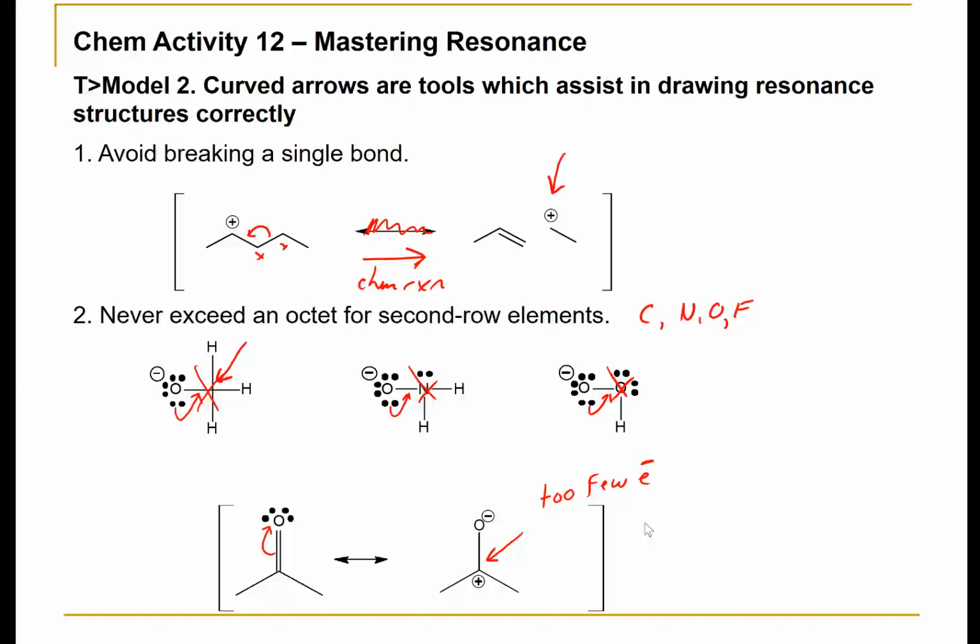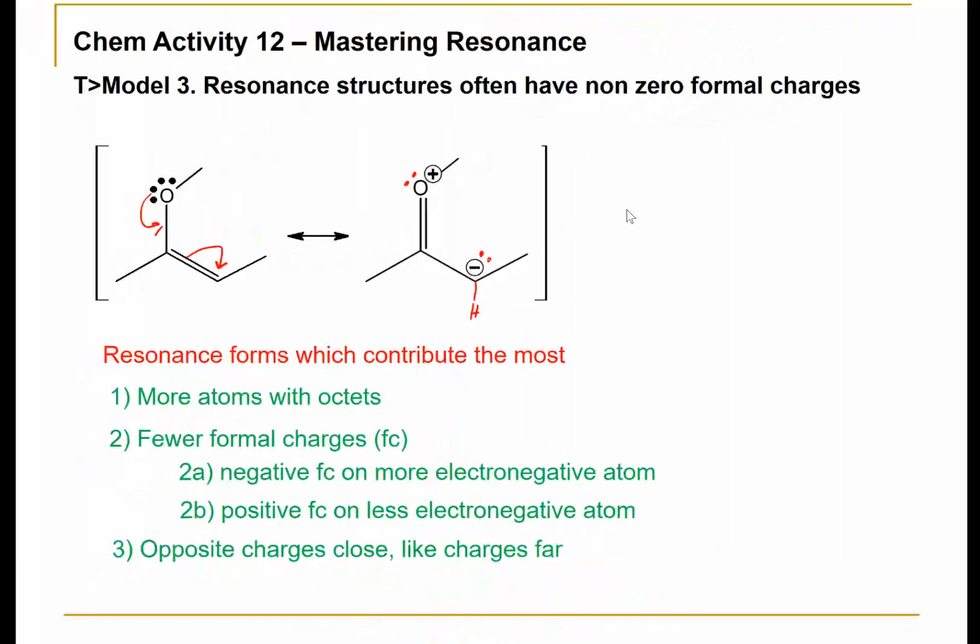Now, even if a resonance form does not contribute as much, it's still important to consider that it contributes somewhat because it will influence the overall reactivity of our compound. So coming back to this slide, in the next video, we'll start to look for those indicator signs for when you can expect to have a resonance form.